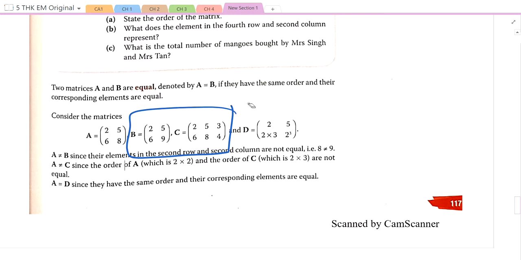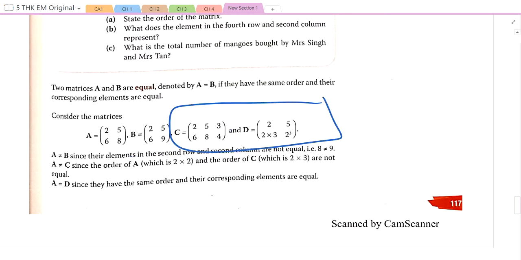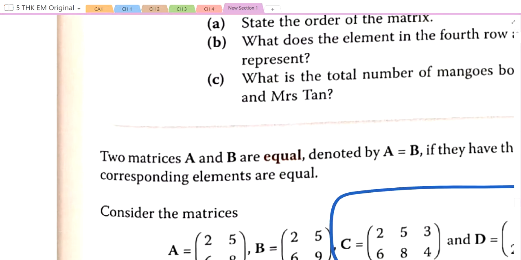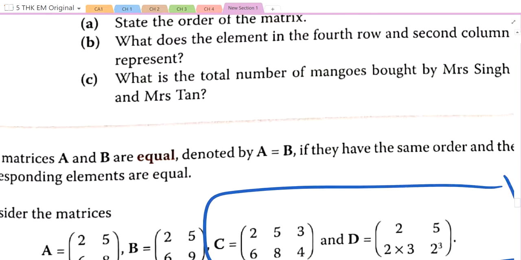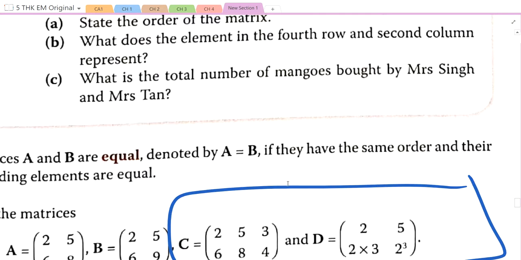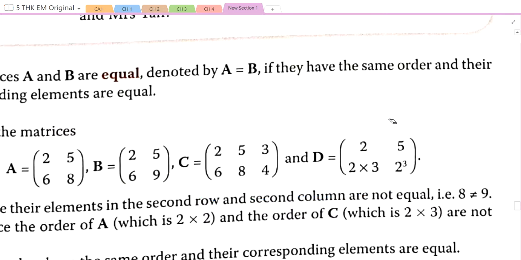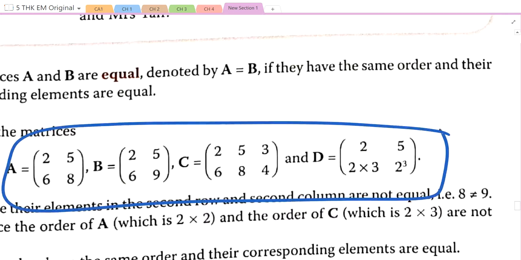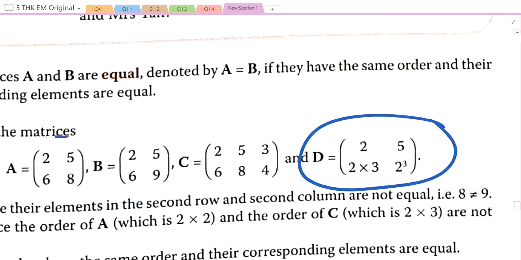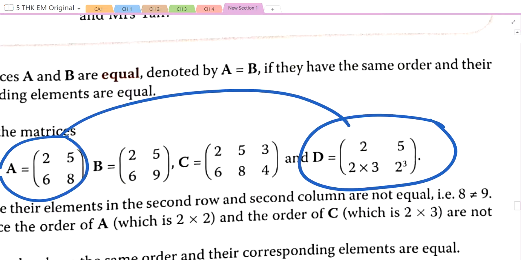Okay, what about C and D? Are they the same? Why not? No, they are different also, right? Because they have a different order. Then out of all these, are there any matrices that are the same? A and D. Are they really the same?